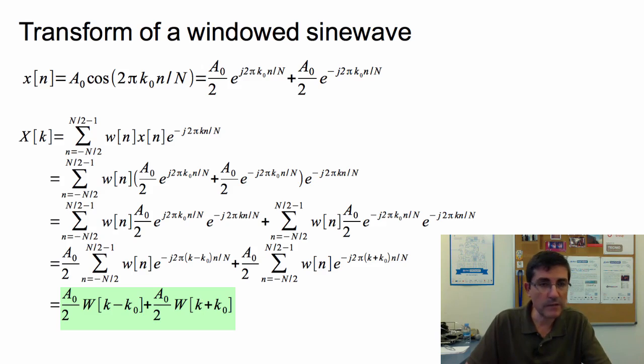One is the minus frequency and the other is the plus frequency. So this will be the result of this cosine, which is basically the transform of the window shifted to the frequency of the input signal and multiplied by the amplitude of the input signal.